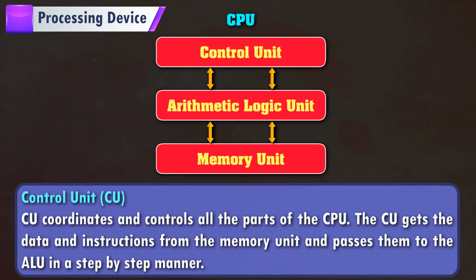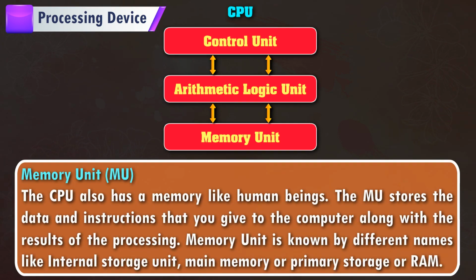Control Unit, CU. CU coordinates and controls all the parts of the CPU. The CU gets the data and instructions from the memory unit and passes them to the ALU in a step-by-step manner. Memory Unit, MU. The CPU also has a memory like human beings.